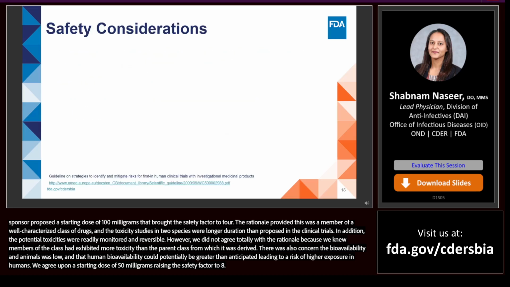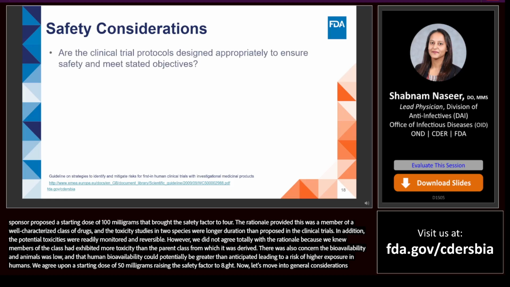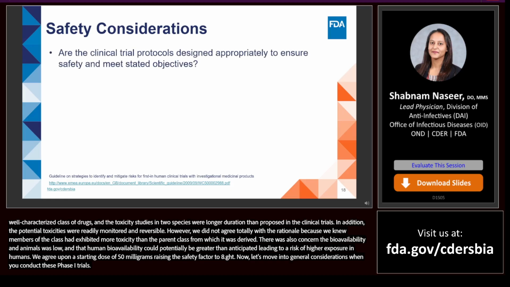So now let's move into some general considerations when you're going to be conducting these phase 1 trials. So, more questions to ask yourself when you're getting ready to conduct these trials. One is, are the clinical trial protocols designed appropriately to ensure safety and meet the stated objectives?